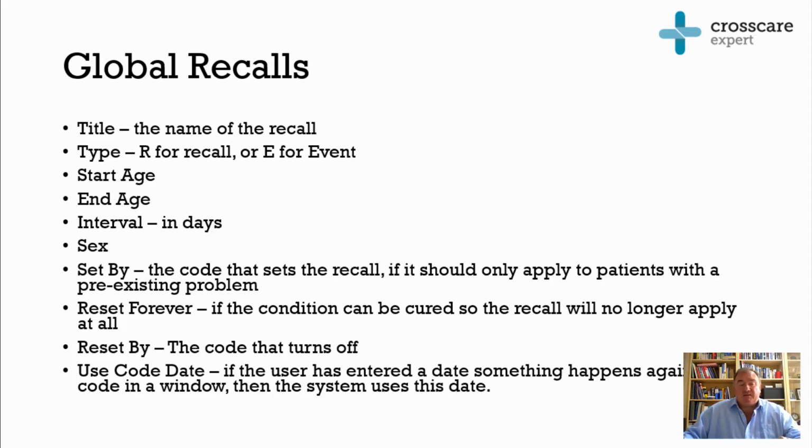So again, in our asthma example, we'd set by asthma, we'd reset forever if they had asthma resolved and they no longer had asthma at all, and then we'd reset the reminder by the annual asthma review. And use code date is a yes or a no, depending on whether you've put a date in a user-defined window, which really is a comment against the SNOMED code rather than an actual date.